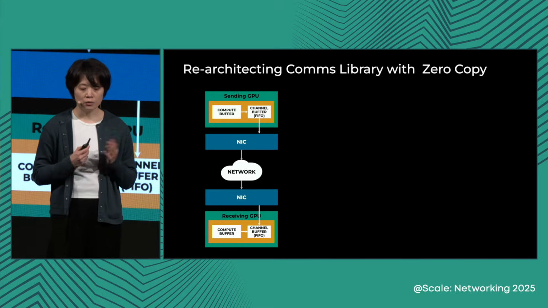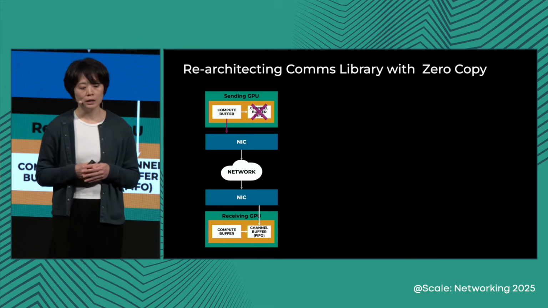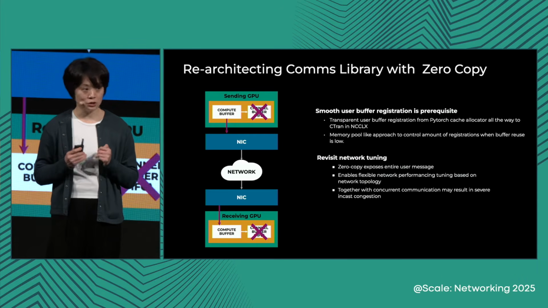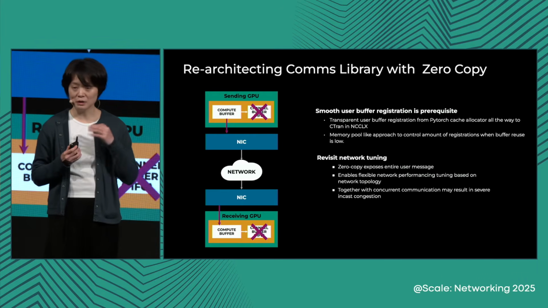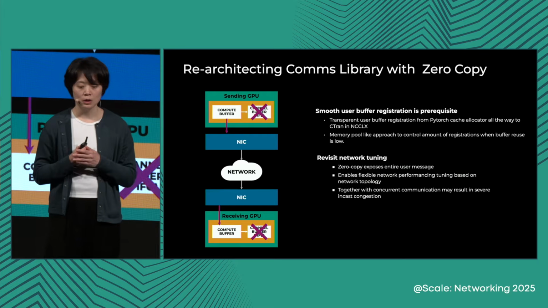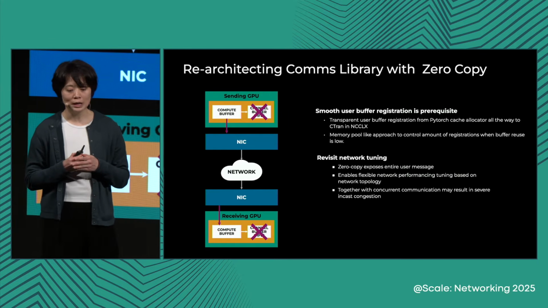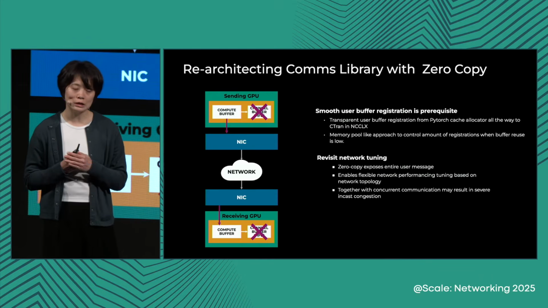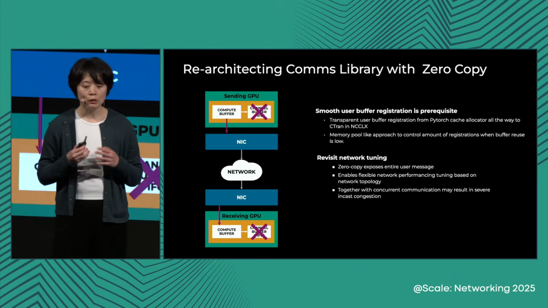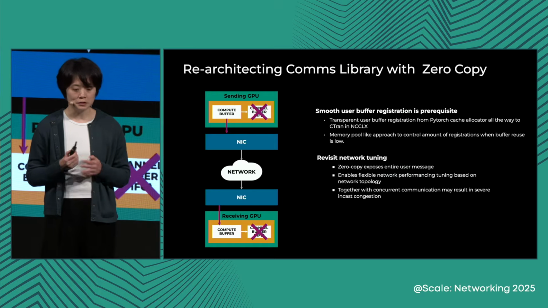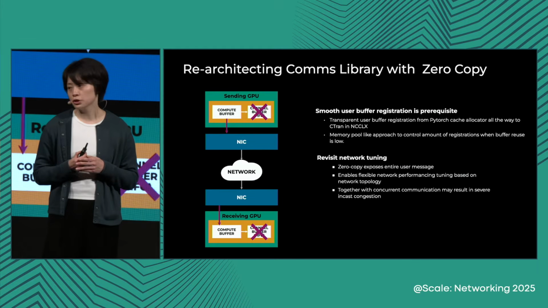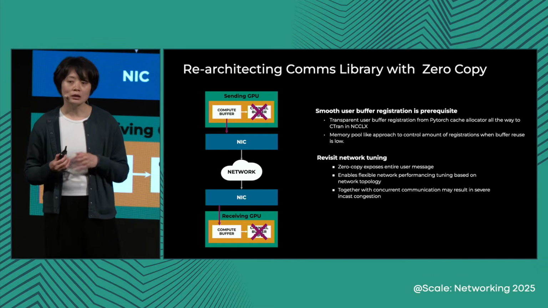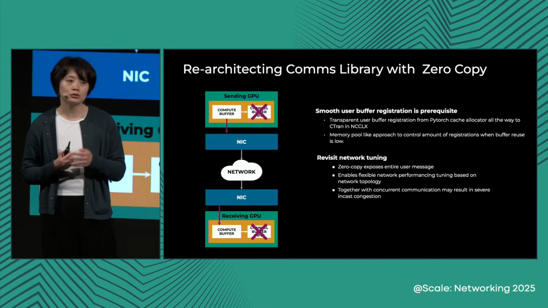As one prerequisite of this zero copy, we need to enable smooth buffer registration because RDMA needs to access the user buffer now. What we have done is to customize the PyTorch cache allocator all the way to Sichuan internal in order to enable RDMA access for all user buffers. The cache allocator in general provides us good buffer reuse, so we should not see a lot of buffers being registered to the network.